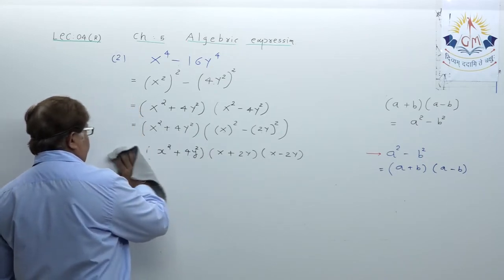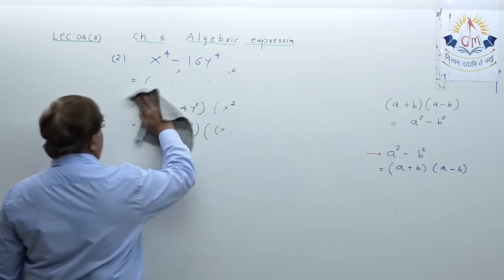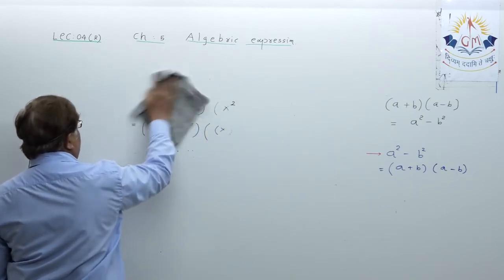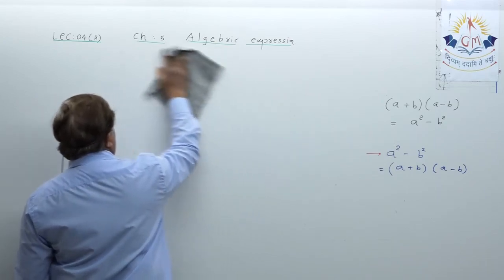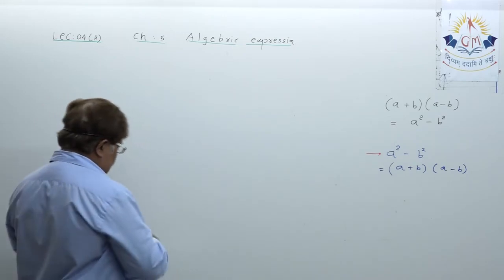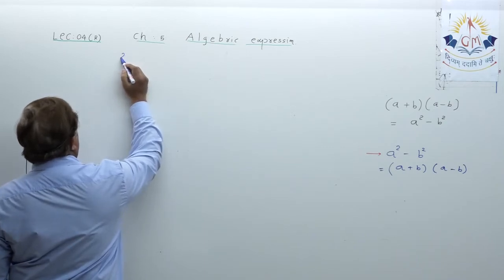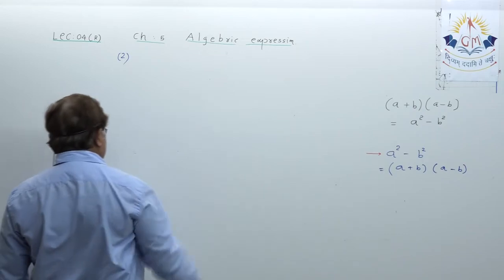So let us take one more example. Understand? And you just try to solve this. Let me write it here. Example number 2. I am writing it here.